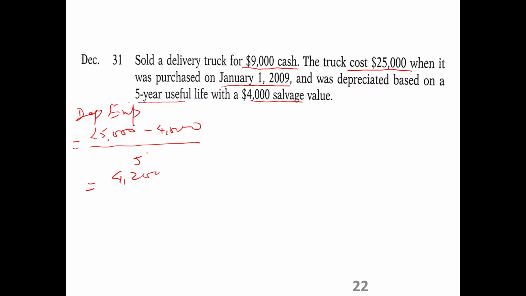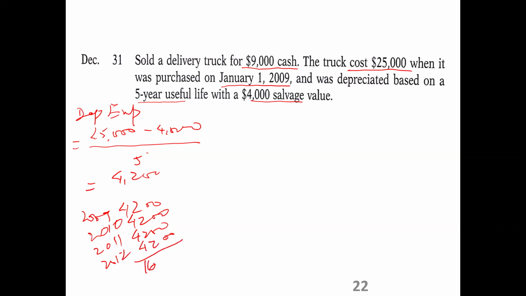So we'll have depreciation for 2009 as 4,200. We'll have it for 2010, 4,200. 2011, we'll have 4,200. And for 2012, it would be 4,200 again. So that means it's going to be 16,800 as the total accumulated depreciation balance.